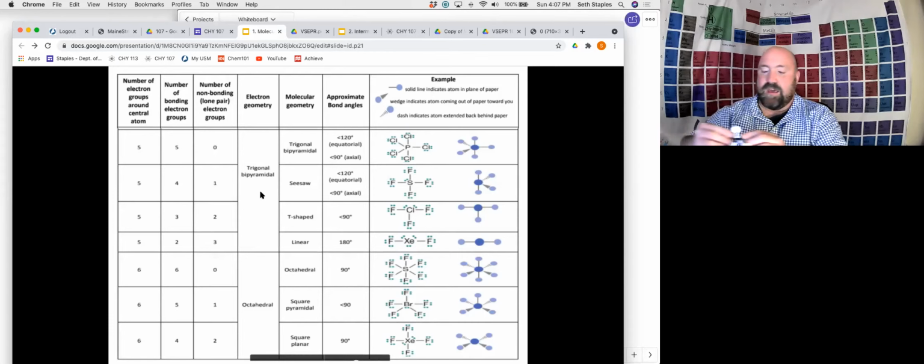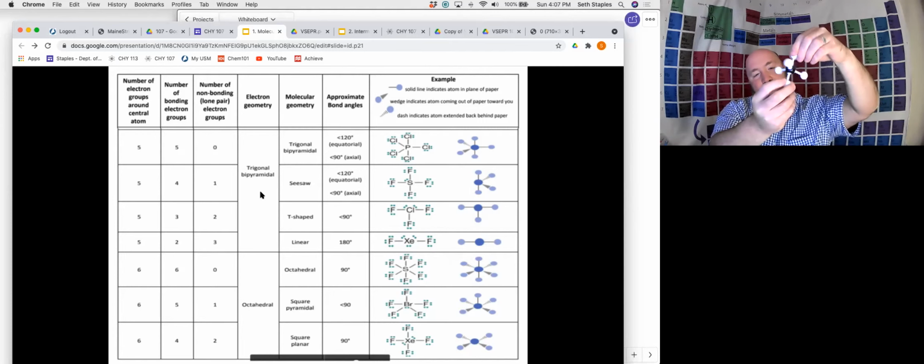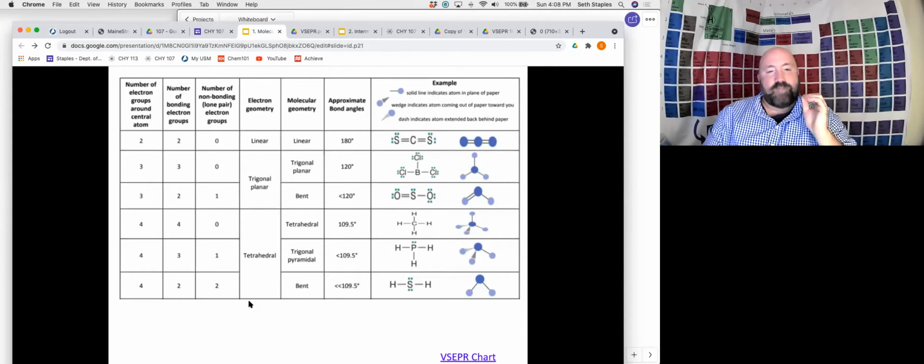I think that was one that I had earlier. Yes, it was. So 5 groups here around our central atom. You can see 1 here and here, and then 3 around in the middle there. Or even up to 6 would be what we call an octahedral electron geometry. But then what you've got to do is count up how many of those are bonding and how many of those are non-bonding, and that will lead you to the molecular geometry as well.